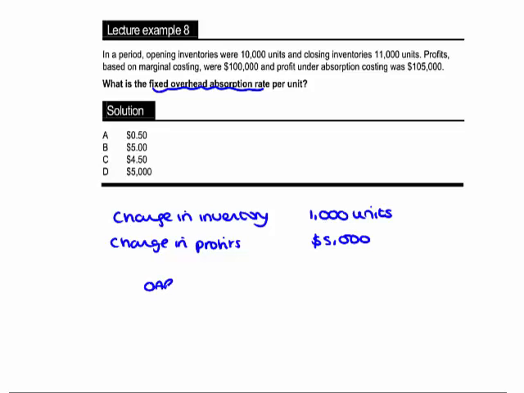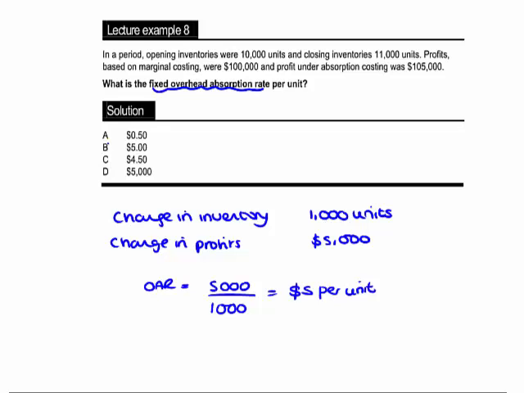So the overhead absorption rate per unit is 5,000 divided by 1,000. That's $5 per unit. Now let's have a look at the multiple choice answers here.